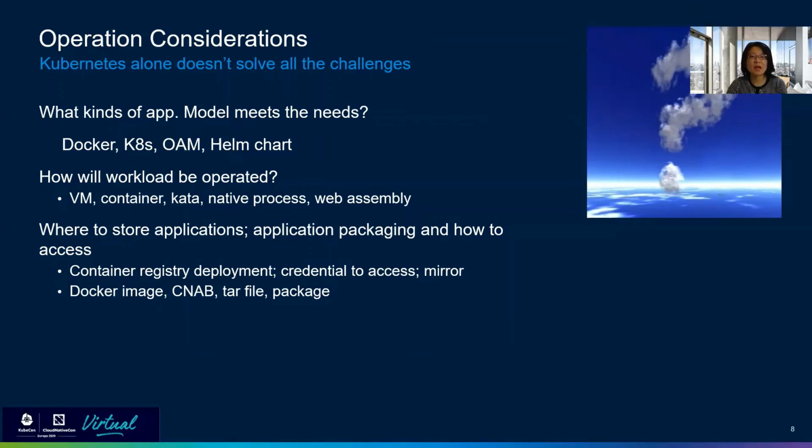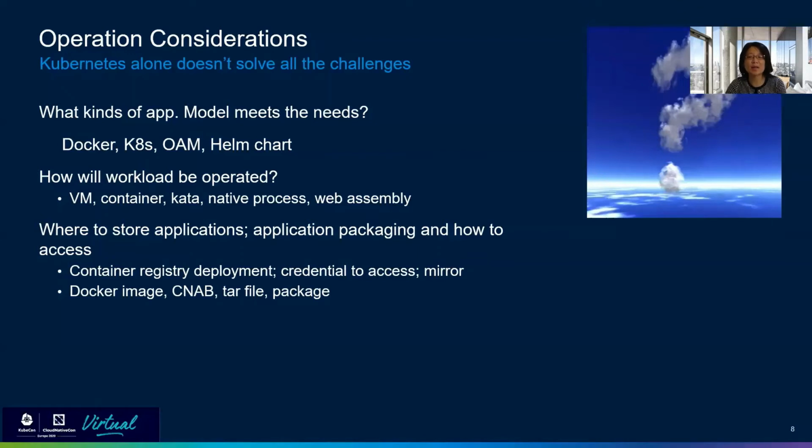Next, let's see where to store those applications. How about the application packaging story? How to access the application repository? The application repository can be a container registry. The registry needs to be deployed. And then from the edge node perspective, it needs to access this container registry.